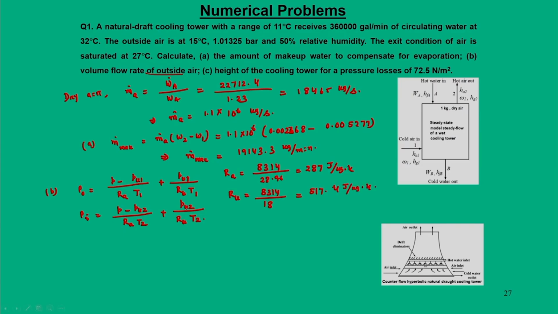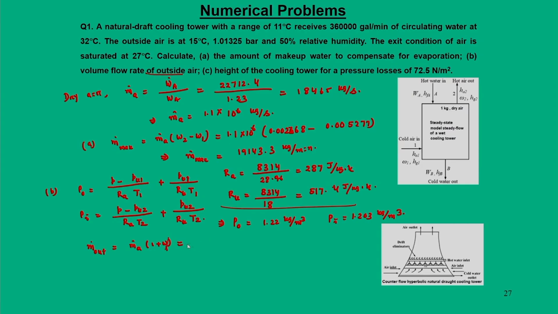So, with all the data we can get the outside air density rho O as 1.22 kg per meter cube, and rho I is 1.203 kg per meter cube. Then the volume flow rate: the outside air requirement would be m dot A into 1 plus omega 1.